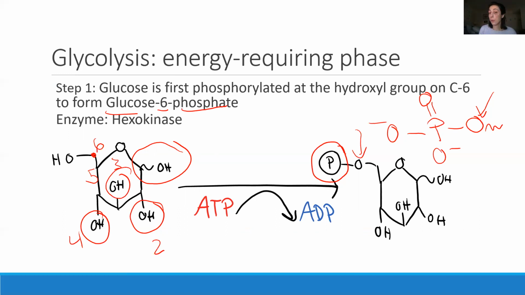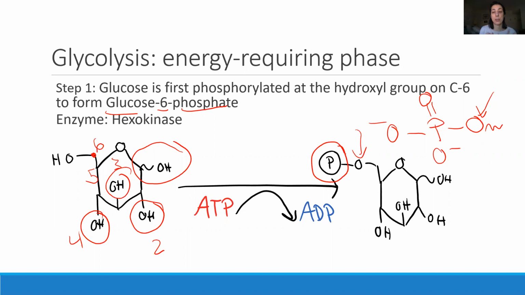So again, first step, utilize 1 ATP, phosphorylate at the 6th position of glucose. So we're putting a phosphate on. And the actual enzyme that catalyzes this reaction, and spoilers, there's an enzyme for every step that we're going to talk about, is called hexokinase.